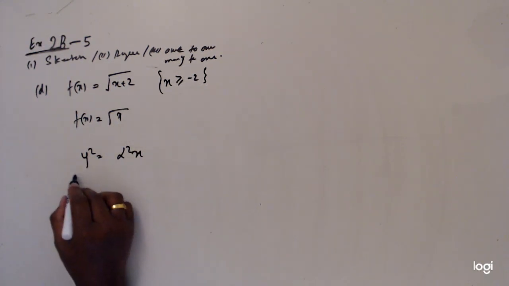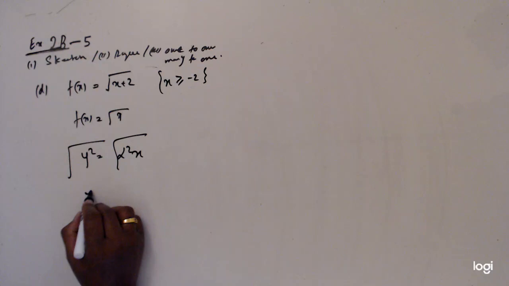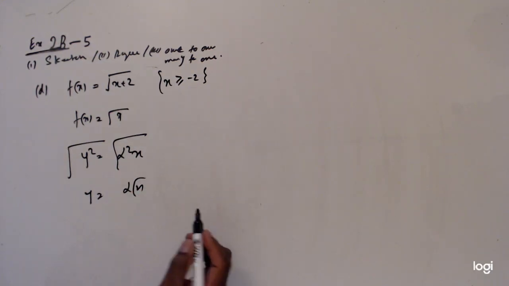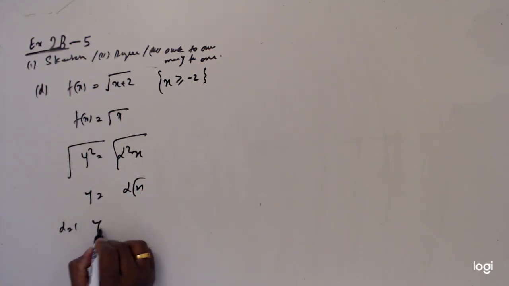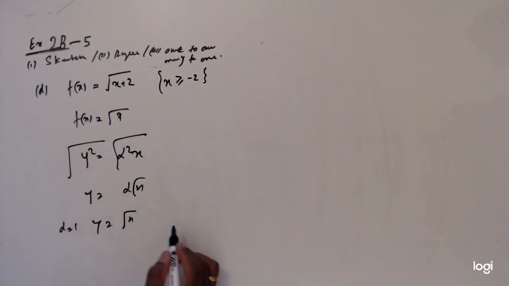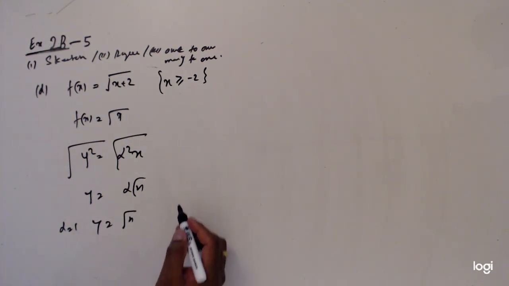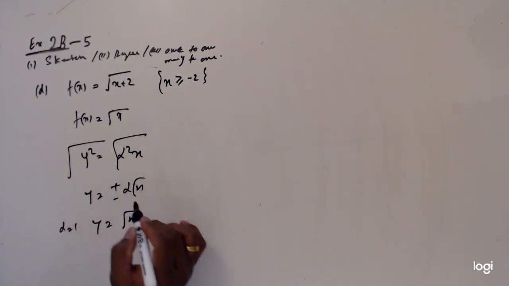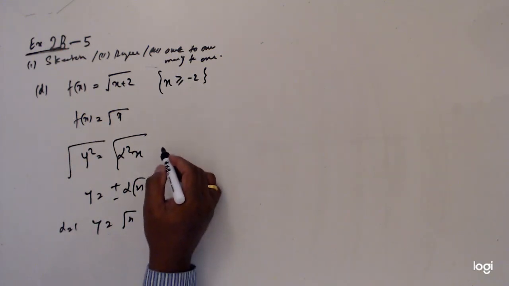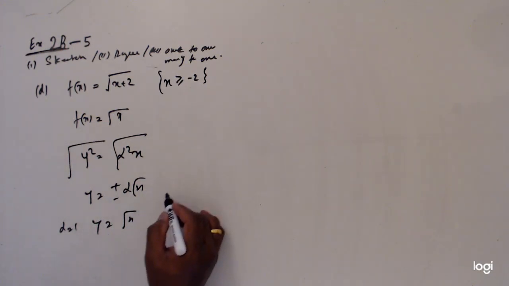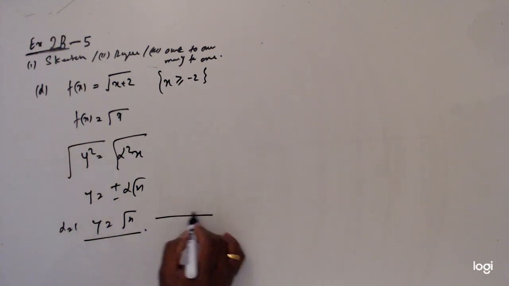When we take the square root, y equals plus or minus square root x. So this is plus or minus, and we only consider the positive one.